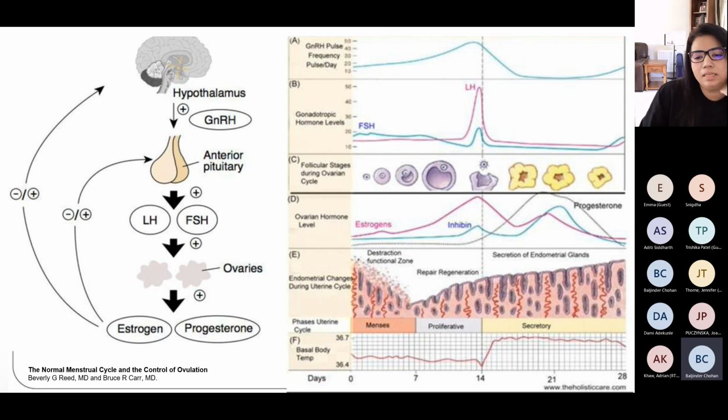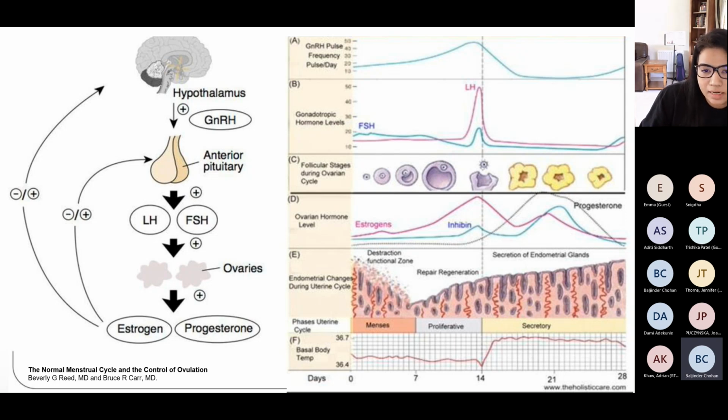Yes, correct. So no matter what the length of the cycle is, when you have really long cycles, you know that if ovulation has taken place, the secretory phase is going to be fixed at 14 days. So if you have a really long cycle and we confirm that it's an ovulatory cycle, we know that the bit that is prolonged is the proliferative phase.